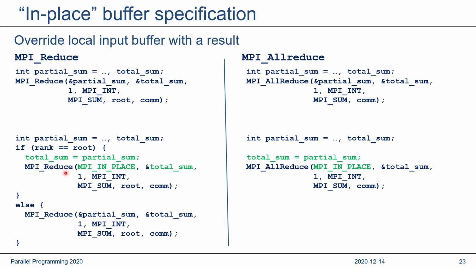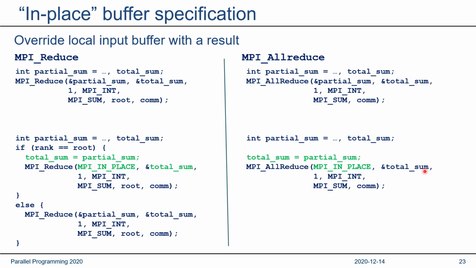We don't have to distinguish between root rank and non-root rank. So for MPI_Allreduce, this can be simplified with the MPI_IN_PLACE specification by just assigning the partial sum to total sum and then using total sum as the only buffer in this operation, which means the complete allreduce operation is done using one buffer only.